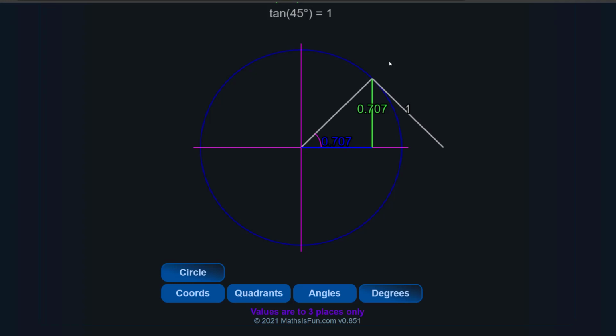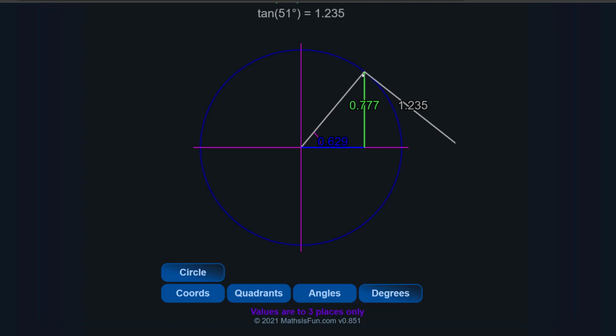The tangent is also perpendicular to the radius drawn from the center of the circle to this common point. Cái tangent này nó vuông góc với cái đường radius từ cái tâm đường tròn đến cái điểm chung đó nhé, điểm chung, common point. And in this case, the tangent has the gradient of 1, and this is the value of the tangent of 45 degrees. That is the meaning of the tangent.